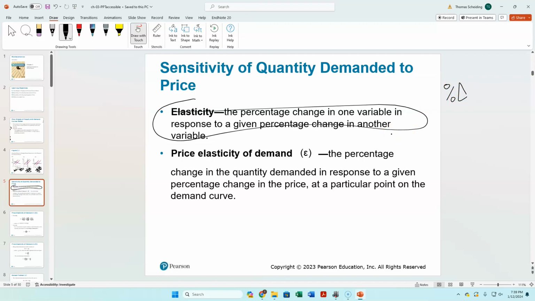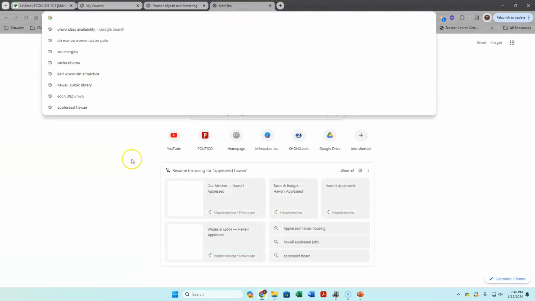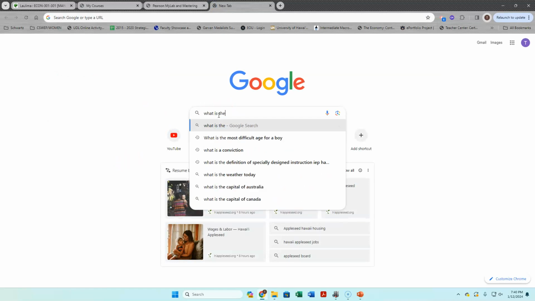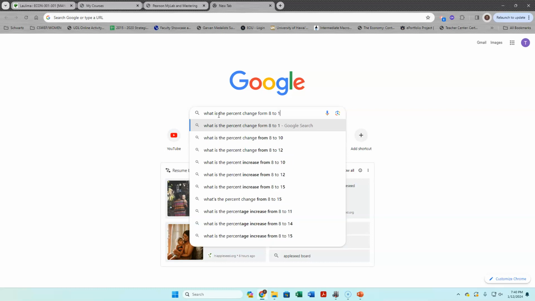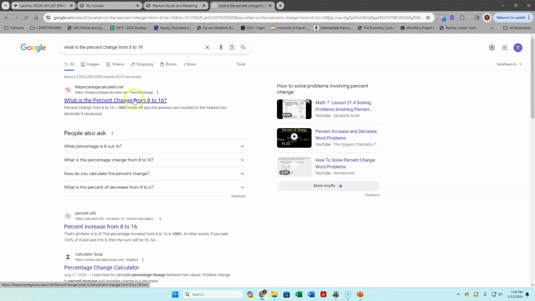Now, there are lots of ways to calculate percentage changes, and as I tell my principles class, this is not a percentage change class. There are lots of good websites out there that will tell you percentage changes, and if you go into Google and type it in as a search term, it'll tell you what it is.